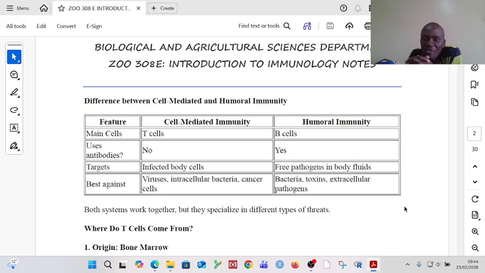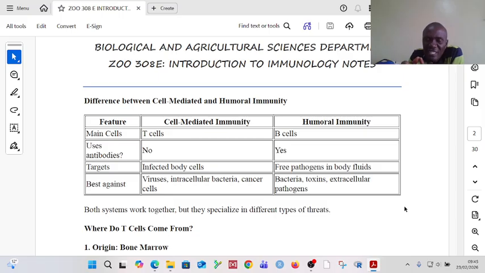But the humoral immunity, on the other hand, works best against these pathogens found in fluids. Example, bacteria, toxins, and other extracellular pathogens. Humoral immunity is not targeting pathogens that are found inside cells.